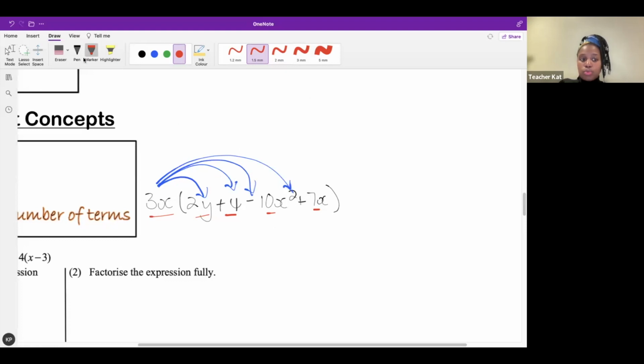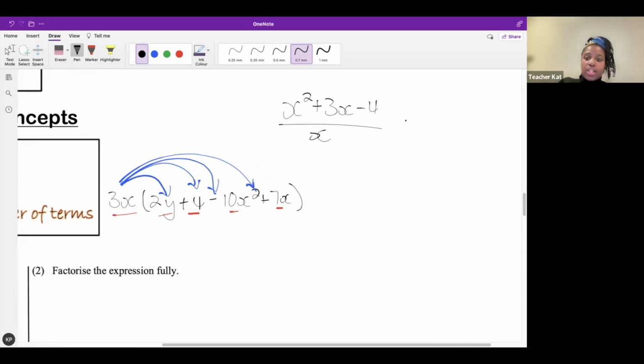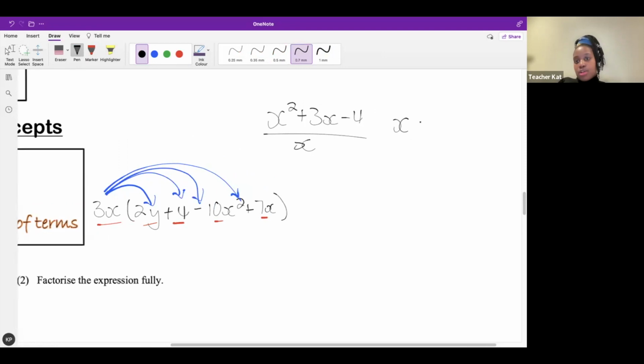Divide. Do you mean plus 3x minus 4 divided by x, like so? Then remember you divide them. So you're going to say x squared over x plus 3x over x minus 4 over x.